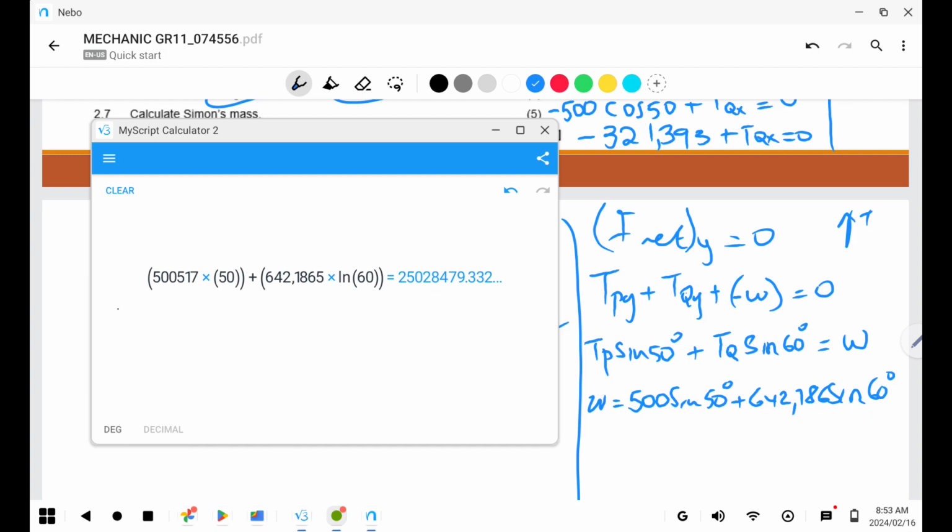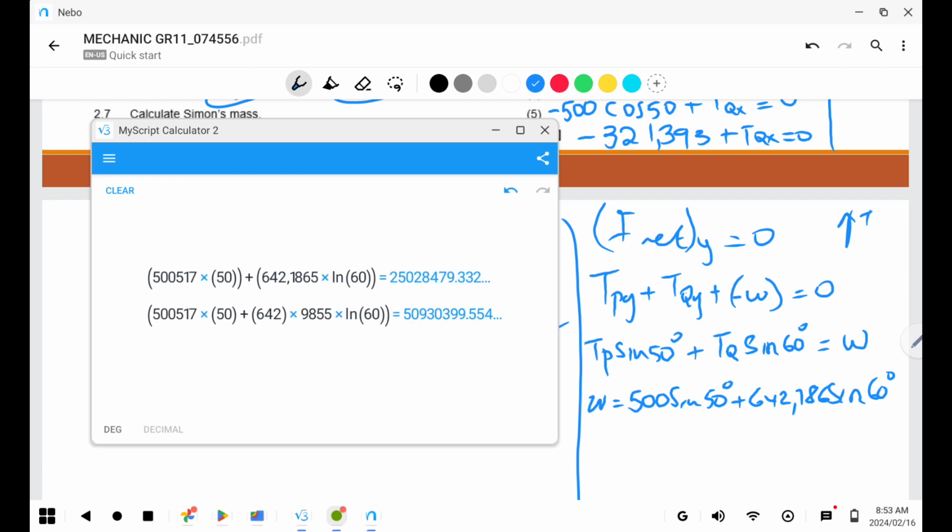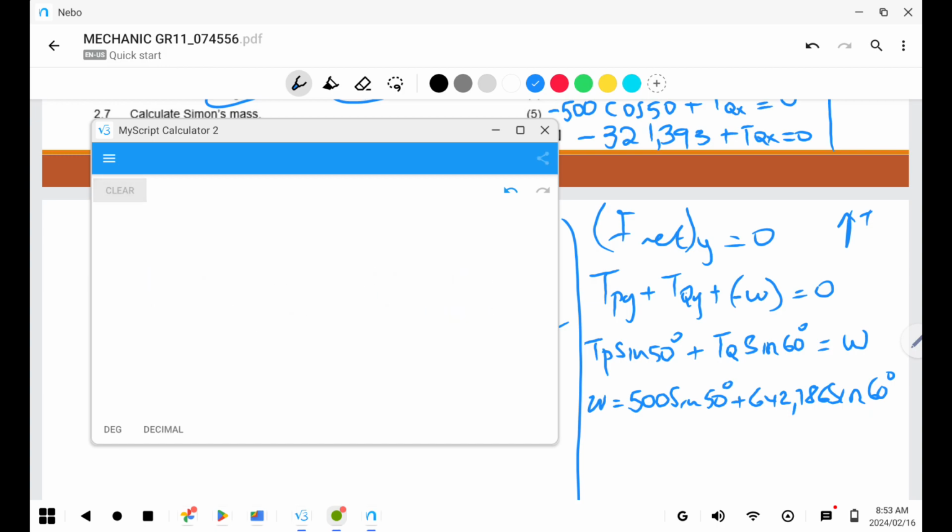That's supposed to be 500 sine of 50 plus 642,786 sine. Work with me here, calculator, because I don't have my manual calculator. So it keeps on writing wrong things for me.